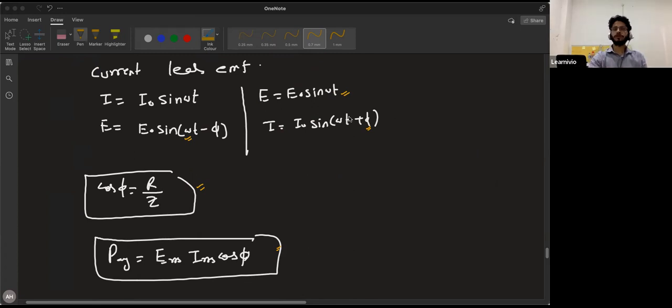So that was about the circuit having a resistor and capacitor. Now there's one more type of circuit, which is the LC circuit. After the LC circuit, we'll start doing numericals.